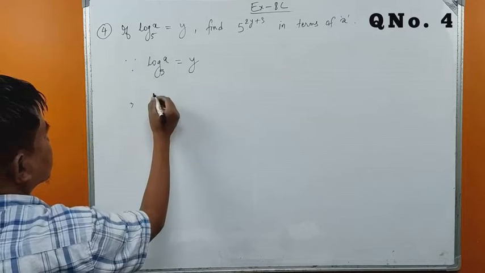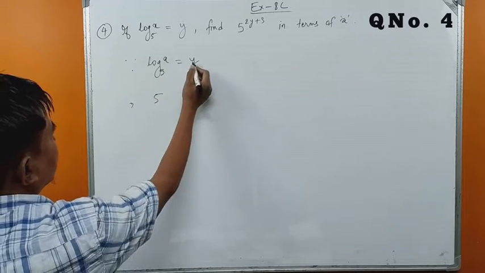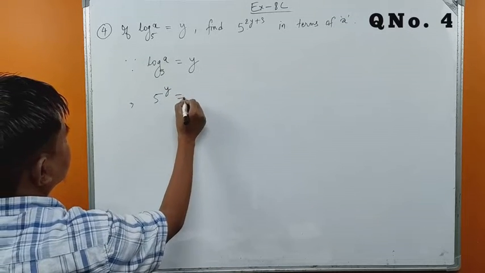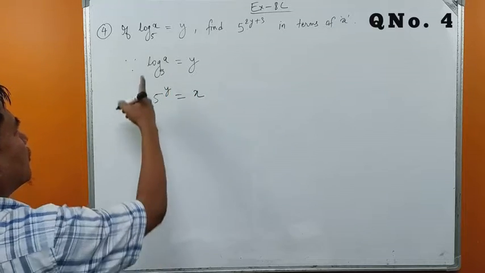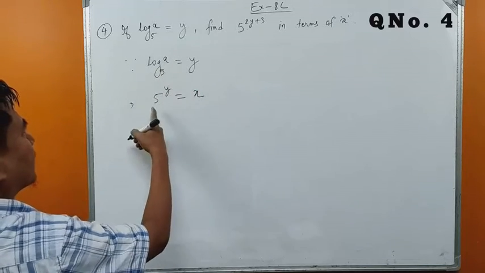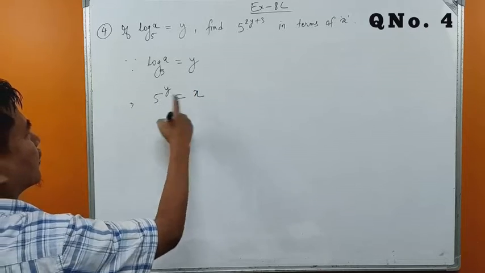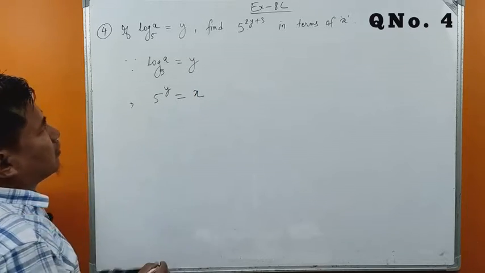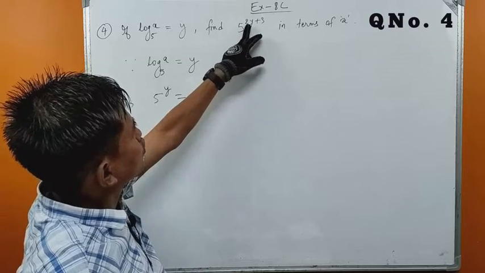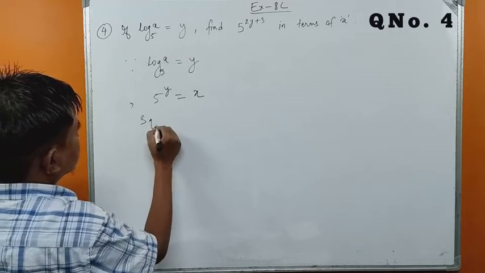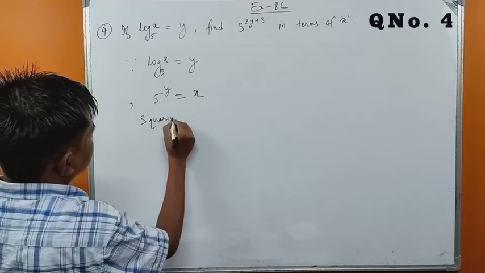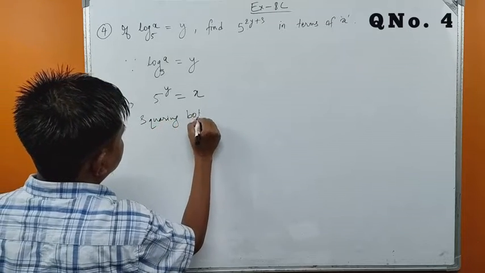Base is 5, so 5 to the power y equals to x, x goes to the right hand side. So log x to the base 5 equals to y can be written as 5 to the power y equals to x. Now what we need is 2y, isn't it? So we square this equation, squaring both sides.